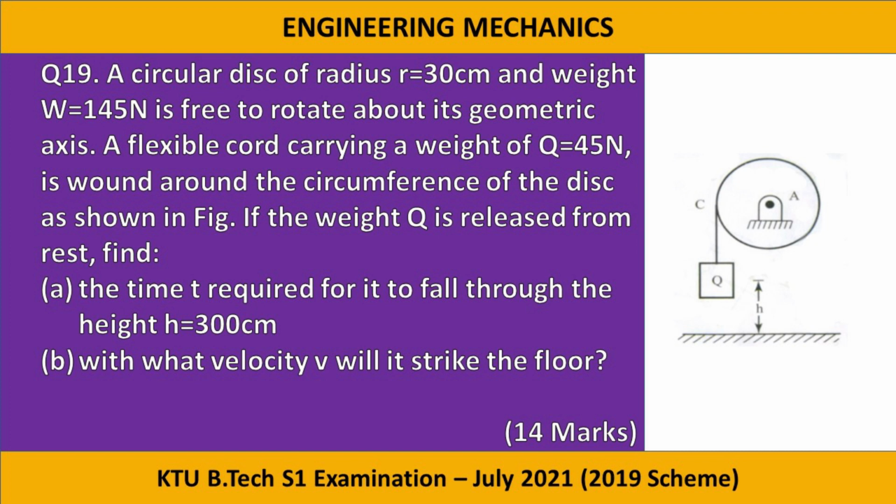A flexible cord carrying a weight Q, 45 Newton, is wound around the circumference of the disc as shown in figure. If the weight Q is released from rest, find A, the time required for it to fall through the height 300 centimeter. B, with what velocity v will it strike the floor?